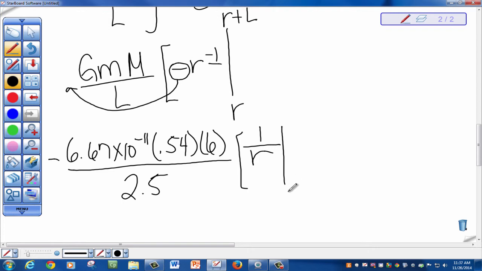From my first distance, which was the 25.5 centimeters, change that into meters by moving the decimal 2 places to the left, and to my upper limit, which is going to be the same distance, but plus the length of the rod, which was the 2.5.